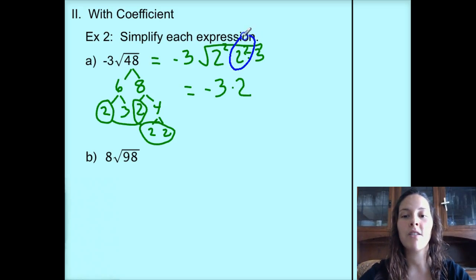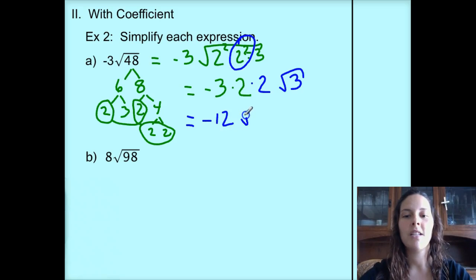Here, again, we have the square root of 2 squared. So we're going to multiply by another 2. And the 3 is what didn't have a pair. So that's what's left over under the radical. Then we simply multiply everything together on the outside. So -6 times 2 is -12 times the square root of 3.